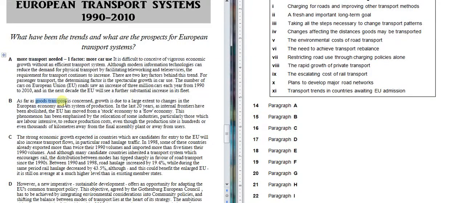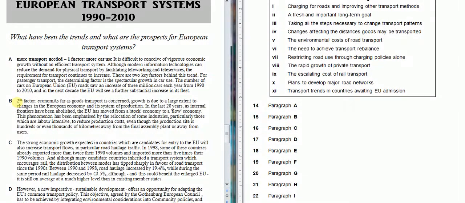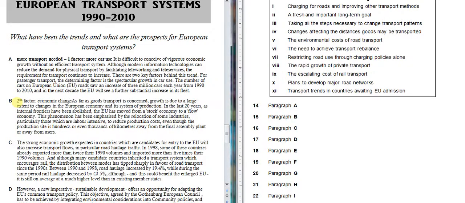Okay, and we have goods transport. Second factor is economic changes, economic and production changes in Europe.